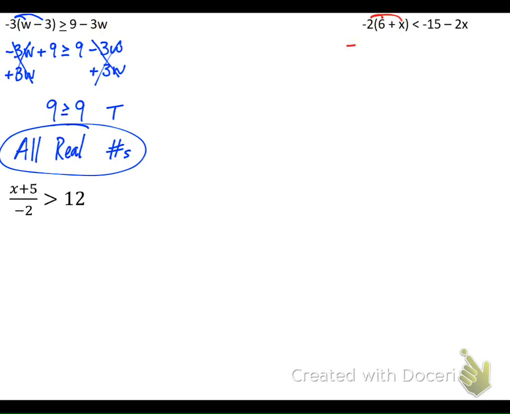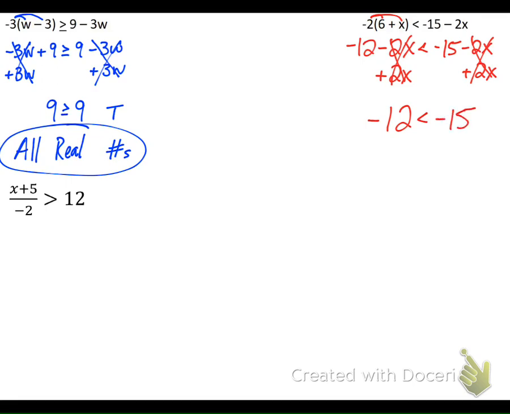Distribute, get negative 12 minus 2x is less than negative 15 minus 2x. And so again, I want to get my x's over on the same side. When I do that, both of my x's cancel out, and what I'm left with is negative 12 and negative 15.